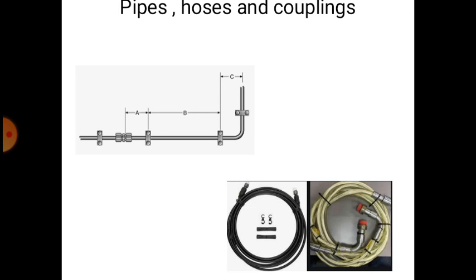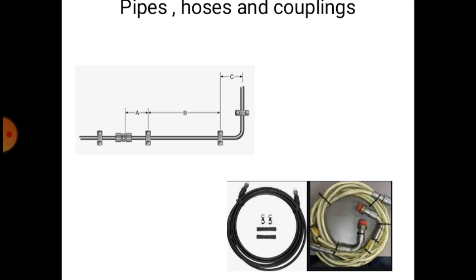So to join the components from one component to another, that is from reservoir to pump, pump to pressure relief valve, to direction control valve, to accumulator, and from accumulator to actuator, and from actuator back to direction control valve, and from direction control valve to reservoir, that is, to make the pressure line and return line, we are going to use pipes. Pipes have external threads and the components have internal threads.